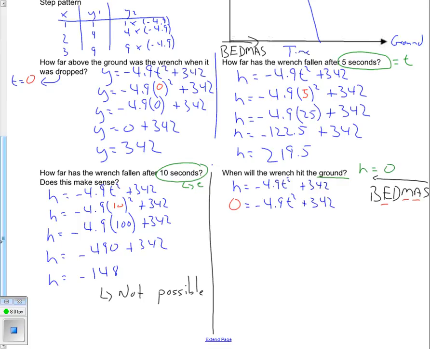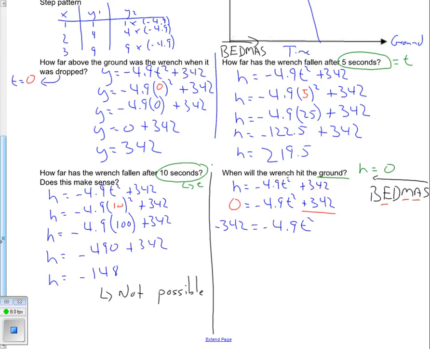Now I need to move this positive 342 over to the other side, so I subtract 342 from both sides. 0 minus 342 is negative 342, and positive 342 minus 342 is going to equal 0.